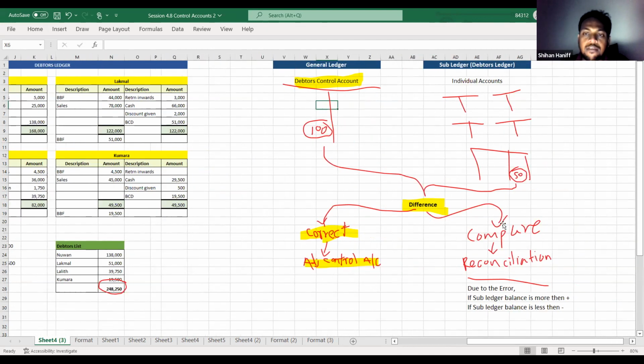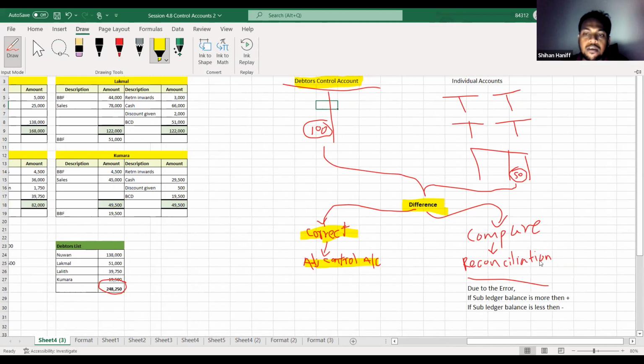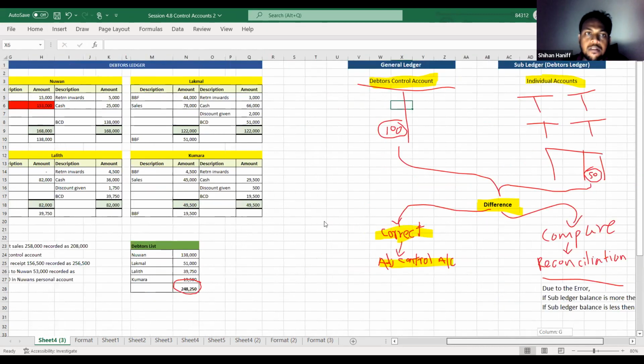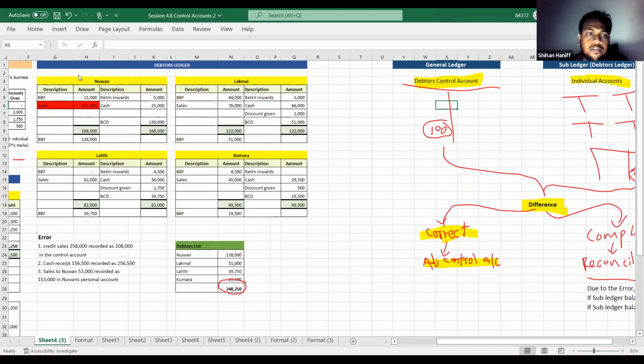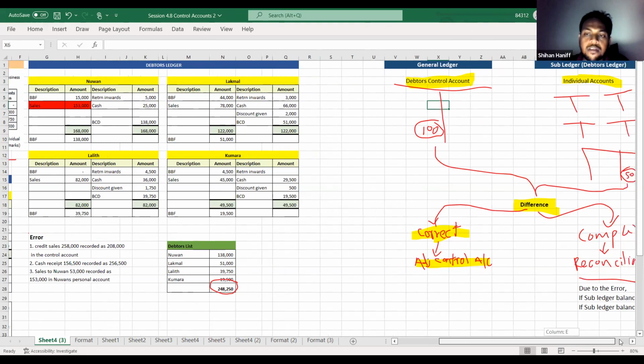If the difference is from the individual account, like in our example, then you have to compare, plus or minus.